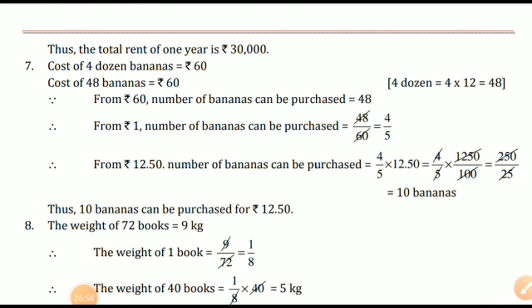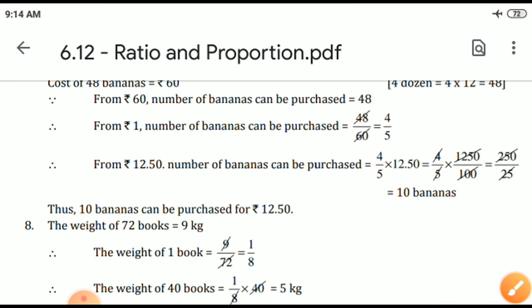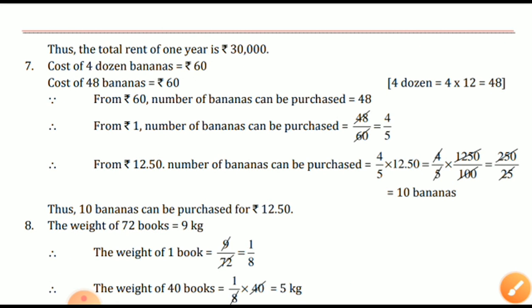How many are there in one dozen? In one dozen there are 12 bananas. So if we take 4 dozen, how many bananas will come? 48 bananas. See, I have underlined it. So beta, 48 bananas cost ₹60. For 1 rupee you will get 4/5 of a banana. You have ₹12 and 50 paise, so how many bananas will you buy? 10 bananas you can buy with this 12 rupees and 50 paise. It is a very difficult question for you at your age level, but try to understand what they ask and what side you are going, okay, correct.